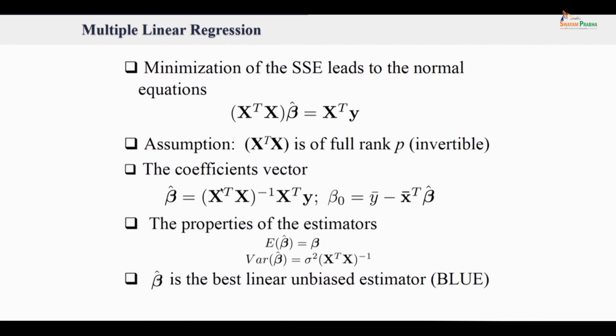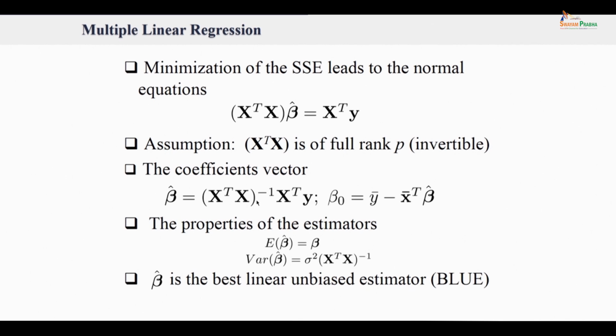You can also compare the solution for the slope parameters with the univariate case, which says beta 1 hat is sxy divided by sxx. Notice that x transpose y represents sxy and x transpose x represents sxx. In the univariate case, you are dividing sxy by sxx.